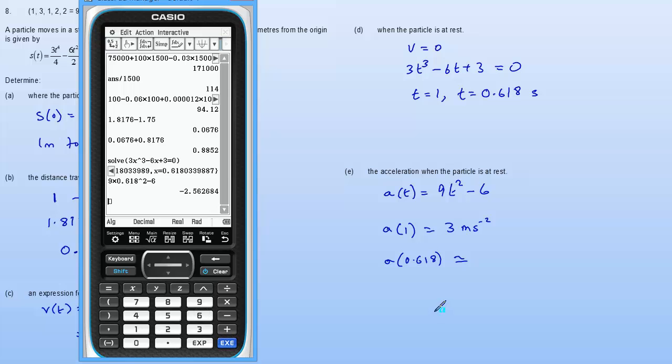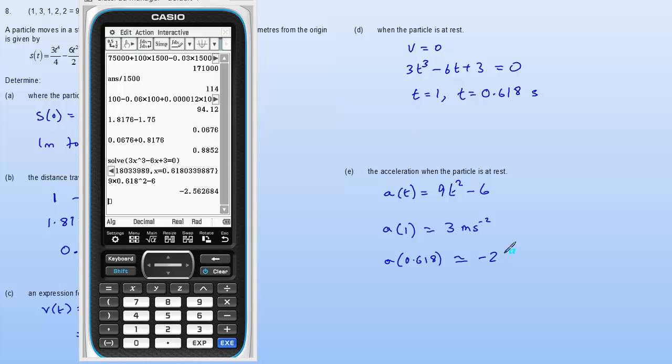And that's negative 2.56 meters per second squared. And again, I've given that to 2 decimal places.